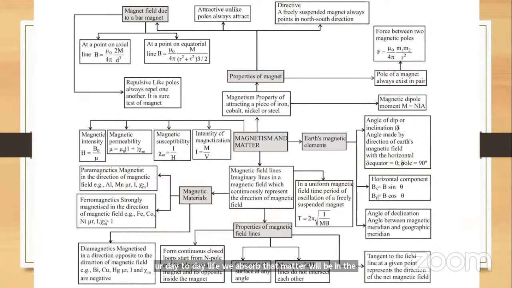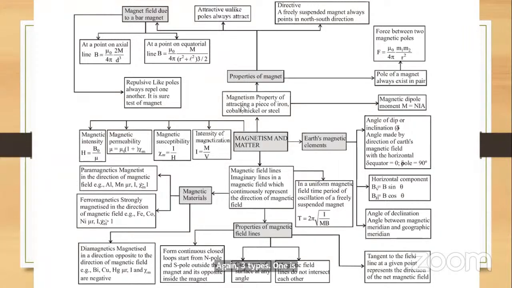That is on the basis of molecular arrangement. When it comes to magnetism and properties, matter is distinguished into three types: diamagnetic, paramagnetic, and ferromagnetic.